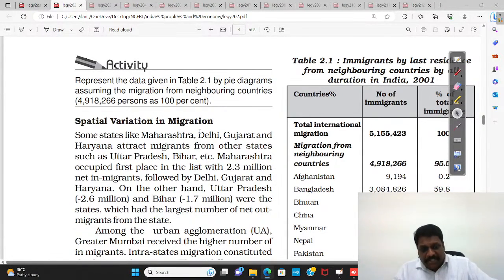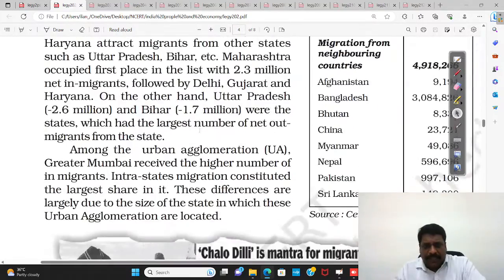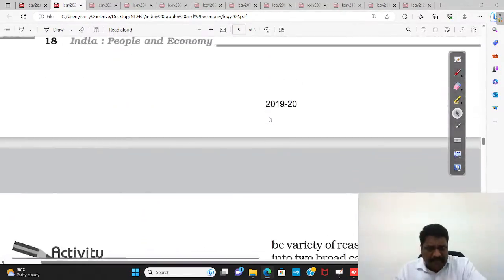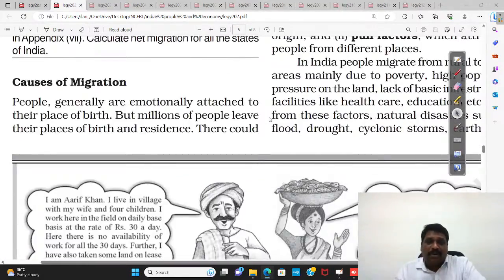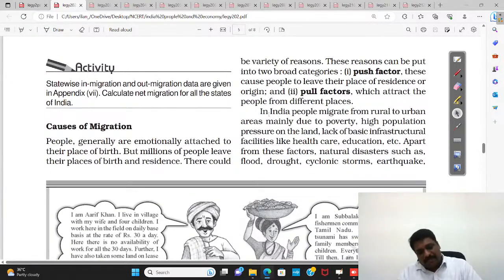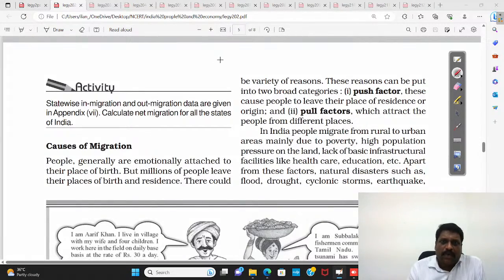So having said this, spatial variation in migration is also being discussed. Somewhere you can slightly read it. Now the cause of migration. See, when I talk about cause of migration, in any migration you take, my dear friends, two places are there. One, the place from where people migrate, you call it the source. The place where people move to, you call it the destination.